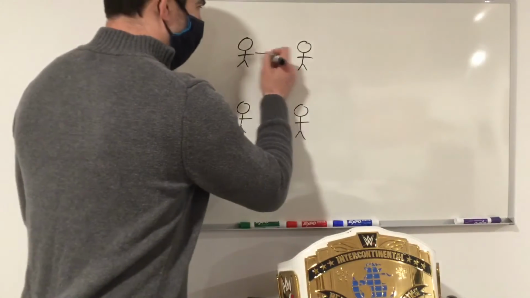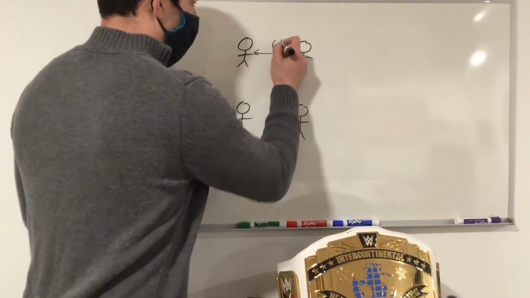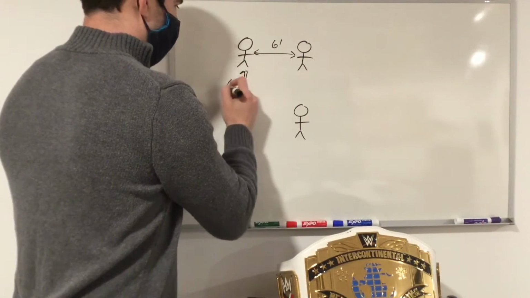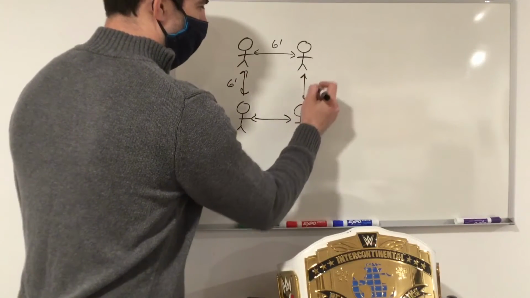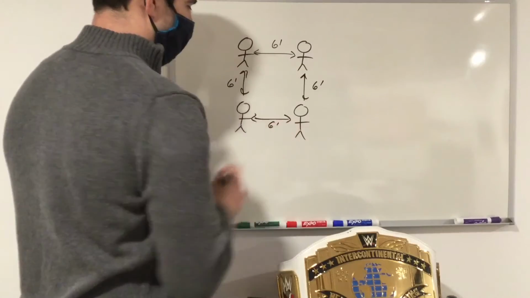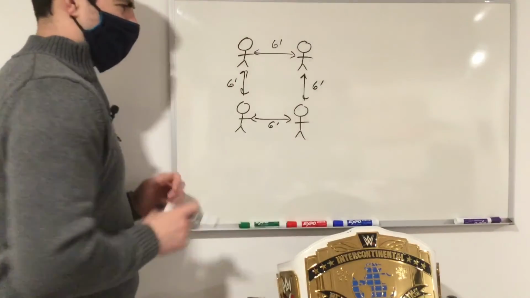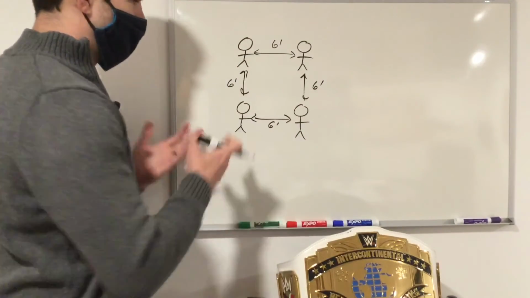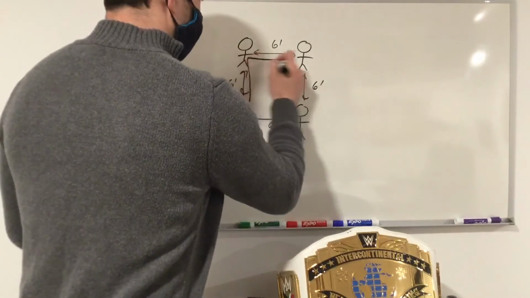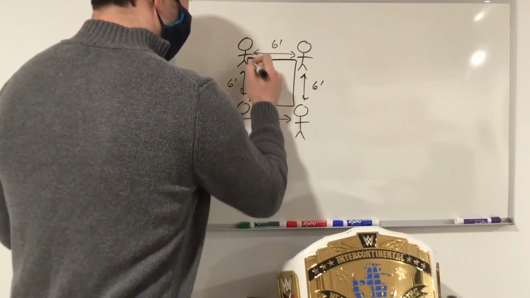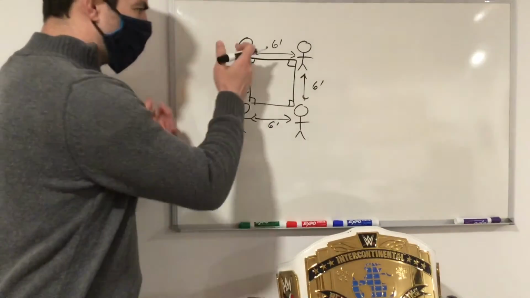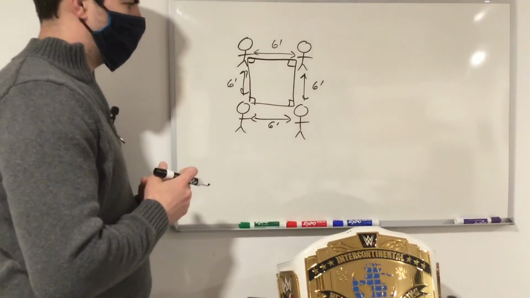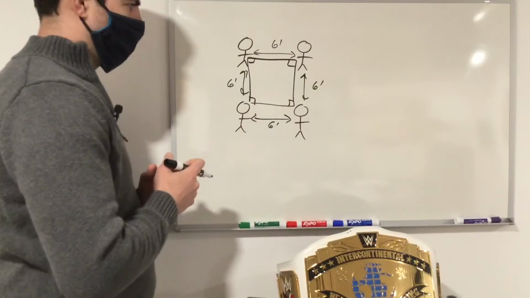I don't like standing 6 feet away from my friends. I like being close to my friends. They're my friends. I like them. They're all standing 6 feet away from each other also. If you look, we have a square here, and they're all right angles. How far am I actually standing away from the person who's diagonally from me?